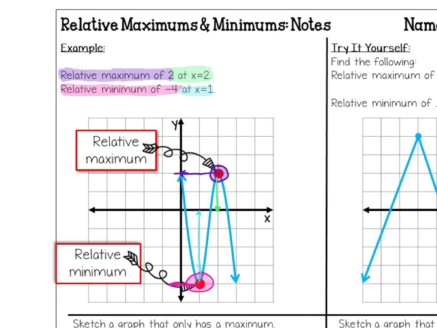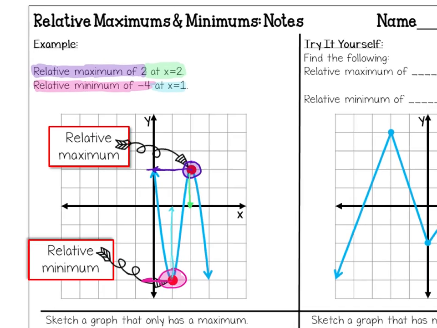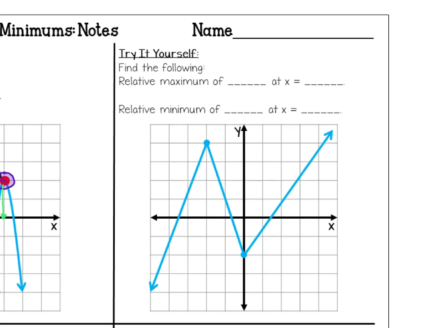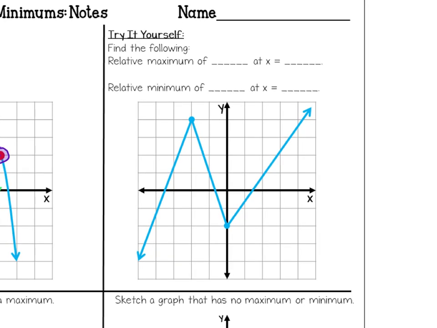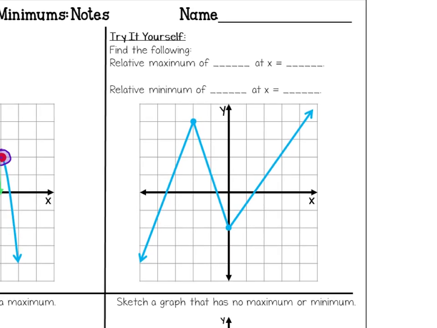Okay, so now we're going to try it without them having it written out for us. So they have an example here for us if we need to look at it. Okay, so I'm going to go to the other side over here. And they kind of gave us a fill in the blank form for this, so that's okay.